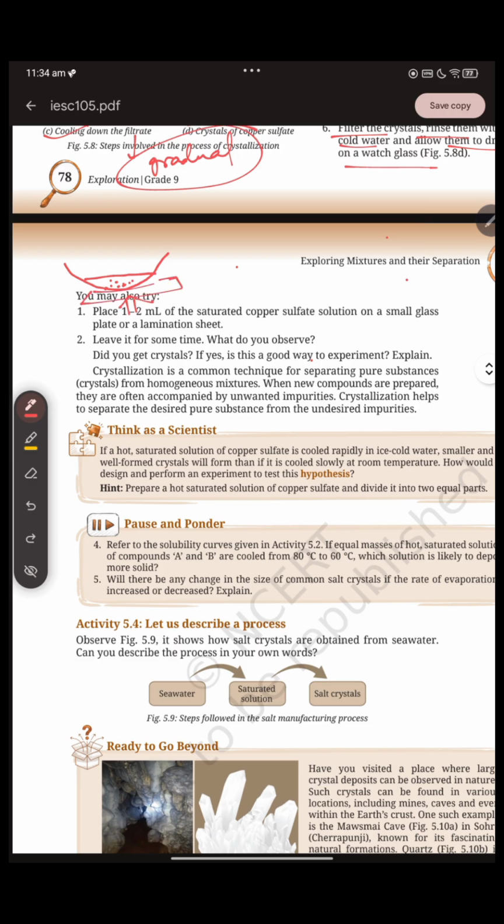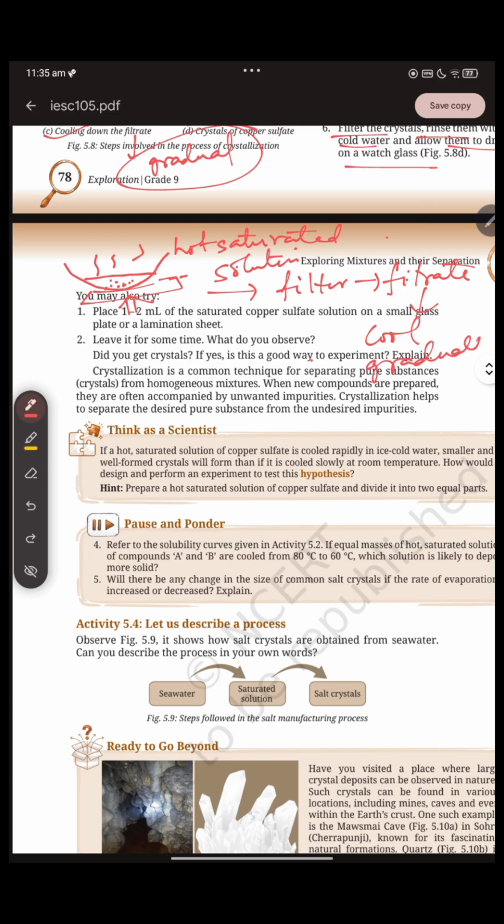You are heating it, and then you will see that it is forming hot saturated solution, and then you can filter it in the same manner, and then you take the filtrate and cool it gradually, and then what you will get is the blue crystals of copper sulfate.